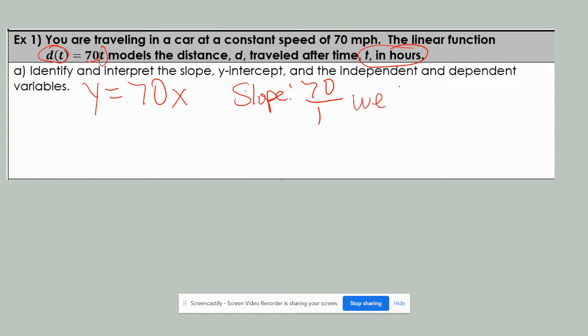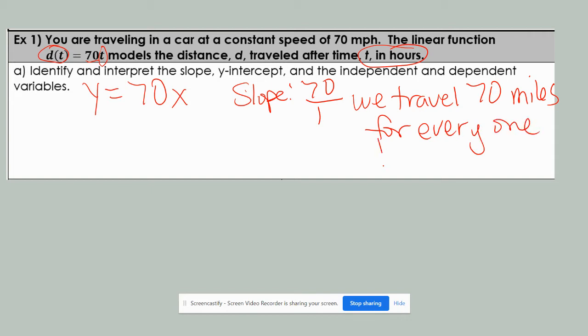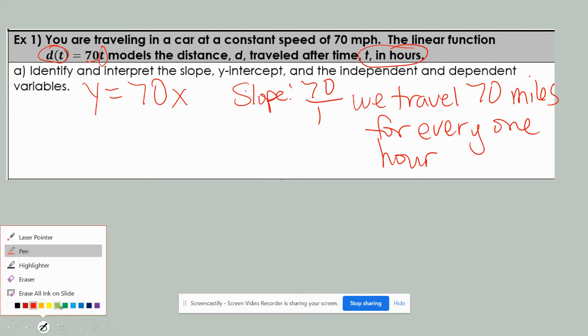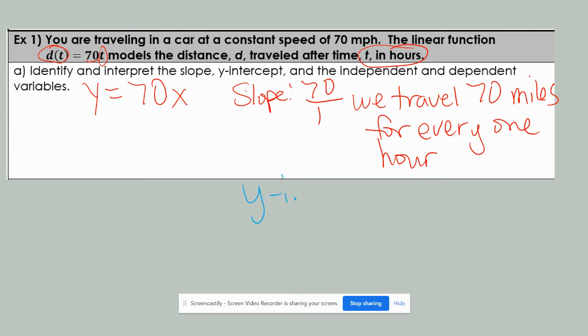So we travel 70 miles for every 1 hour on the road. Our y-intercept, that's not very easy to see, is 0 because we don't have the plus b added here.